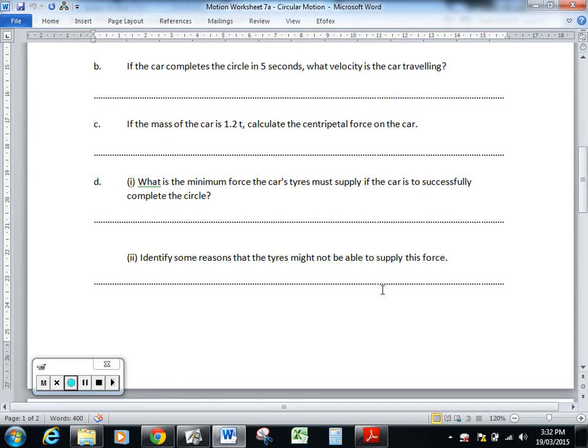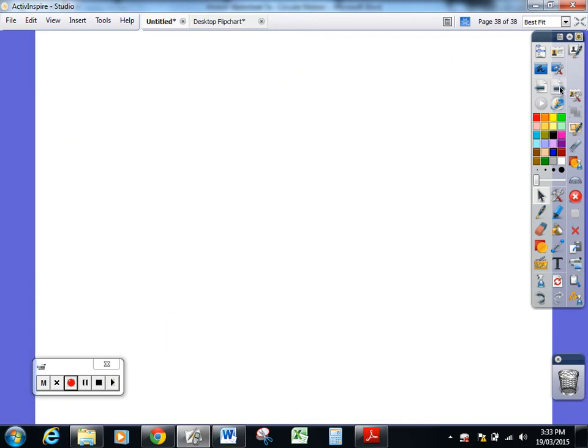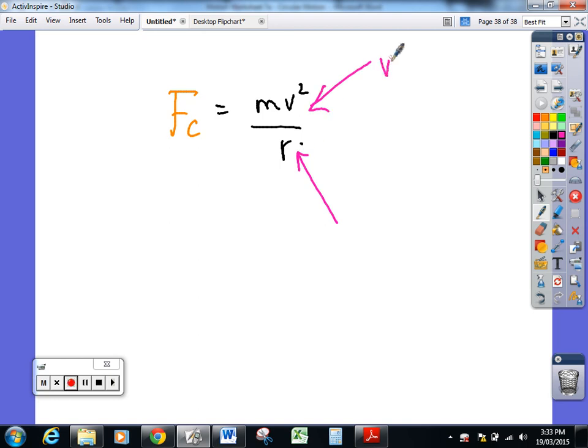Number 2, identify some reason the tyres might not be able to supply this force. So let's have a look at some of these possibilities. Centripetal force is governed by a few things. Firstly, the two main things is your velocity, and it's velocity squared. So when you square a number, it always gets massive very, very quickly.